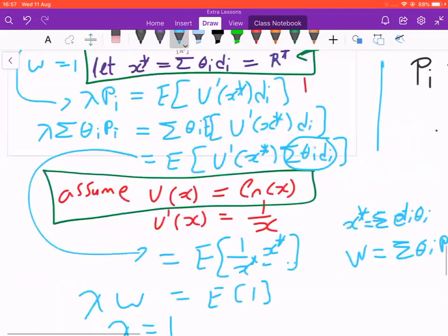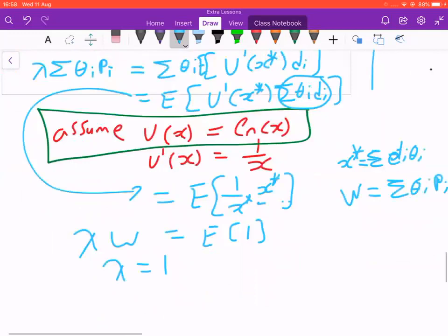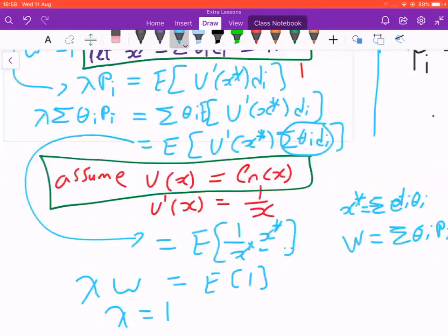So you go back to the question. You go back to this thing over here. You will simplify it, and you're going to put 1 where there is lambda.